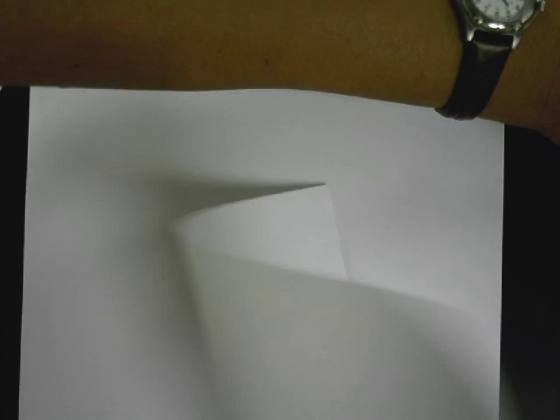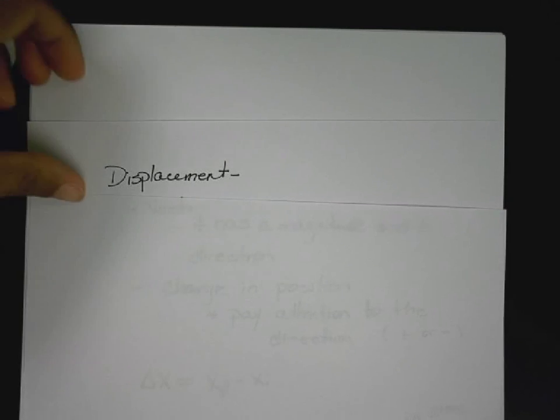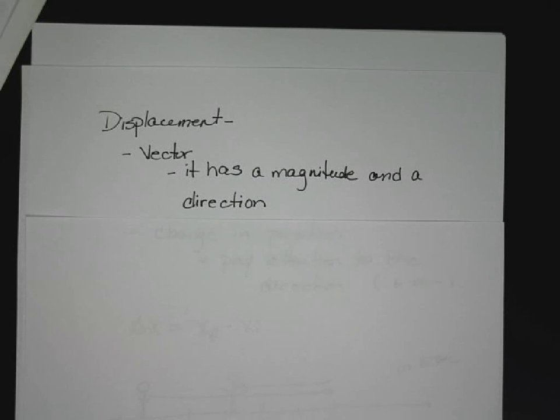All right, so let's open this first lecture with the difference between distance and displacement. Displacement is what we call a vector. A vector has two components. It has a magnitude, meaning it has a size.